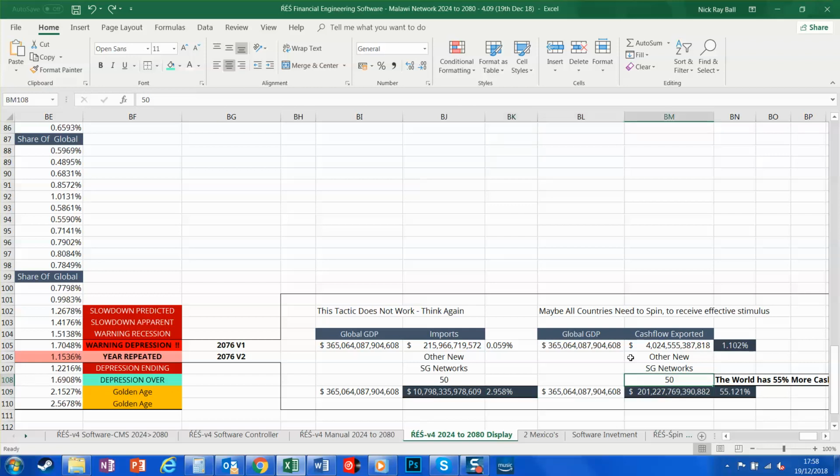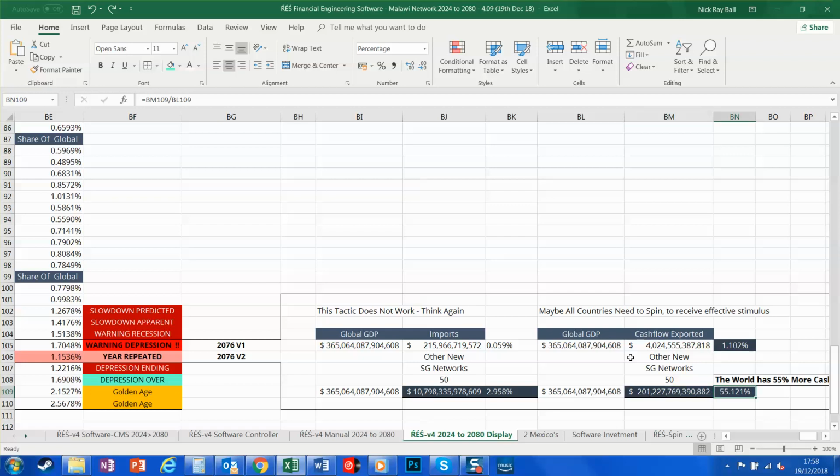No, but if the rest of the world, the money that was exported, the cash flow that was exported, was done to countries who had economic zones that were themselves using rares, then we can spread to the world that is not fully networked. 55% of the world's global GDP can be put into the world, which is far, far, far more than enough to cover any worries of hyperinflation or anything like that.